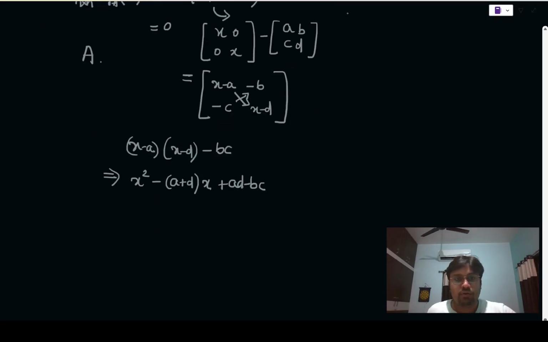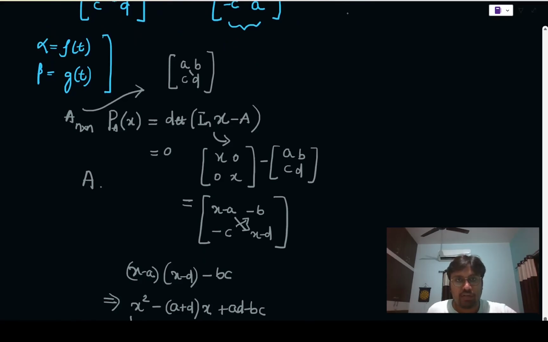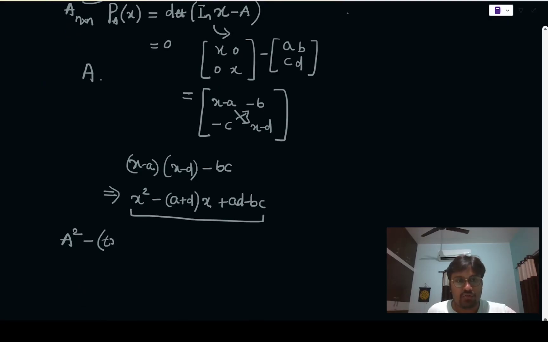So in matrix form, this is the polynomial form, and if I convert it into matrix form, what I'll get is A square. So for a matrix A, it will be A square minus (A plus D). Please note that A plus D is the sum of the elements of the main diagonal, which is the trace of a matrix. So it's trace of A times A, plus AD minus BC.